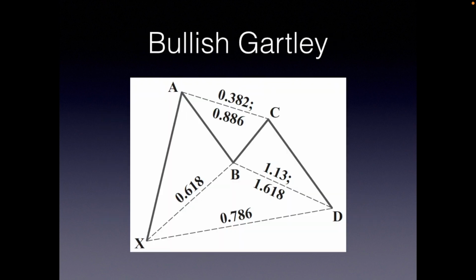This is the bullish normal Gartley here. So you'll see there's some range between the A, B to C legs. It can be different in terms of your fib pulls, and also the BC projection can be in a range.